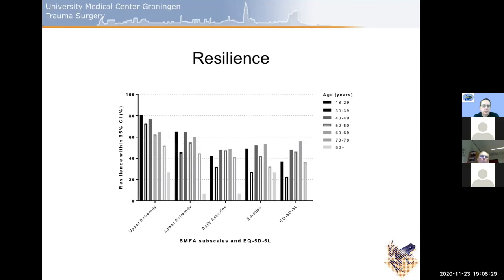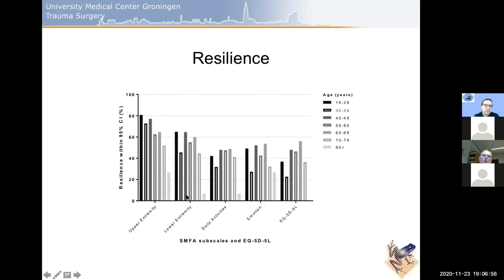So you compare this with the Dutch population, and you see that in the younger group about 80% will get this. You compare with the Dutch population at the same age with the same sex, and you see here it's decreasing.